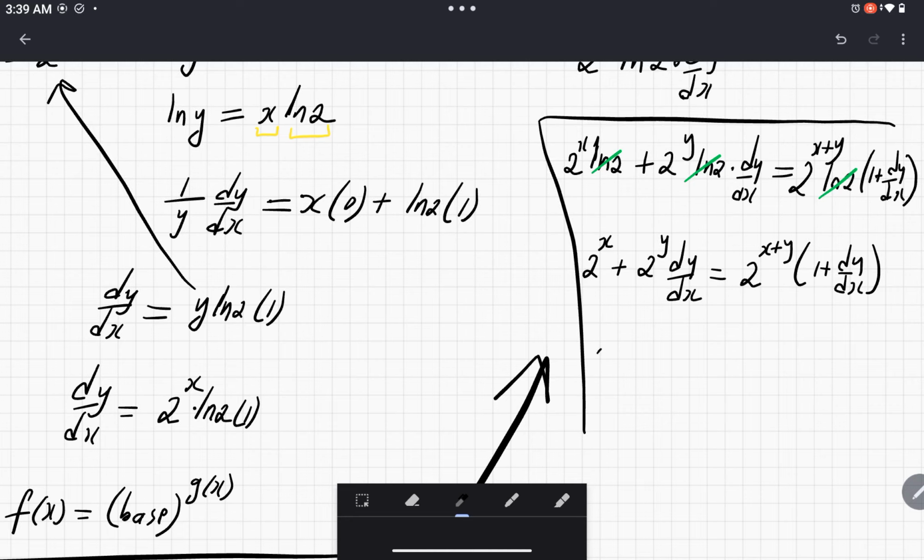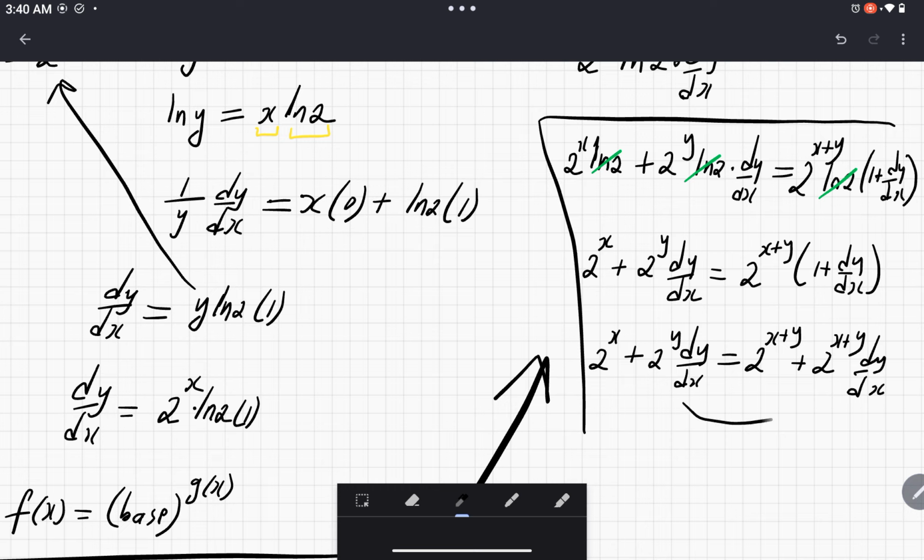So we're going to have 2 raised to the power x plus 2 raised to the power y dy on dx equals 2 raised to the power x plus y plus 2 raised to the power x plus y dy on dx. So as we said, we're going to send this way and this the other way.